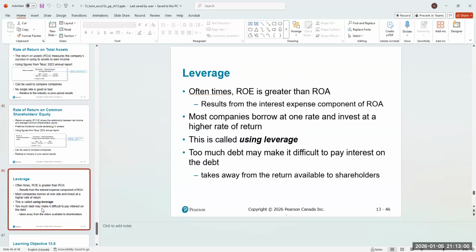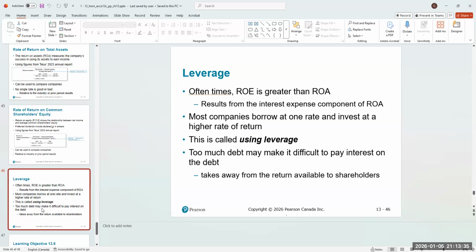And here we come to leverage. Leverage is when most companies borrow at one rate and invest at a higher rate of return. I'm borrowing at 5% and investing at 10%. That's what you call leverage.